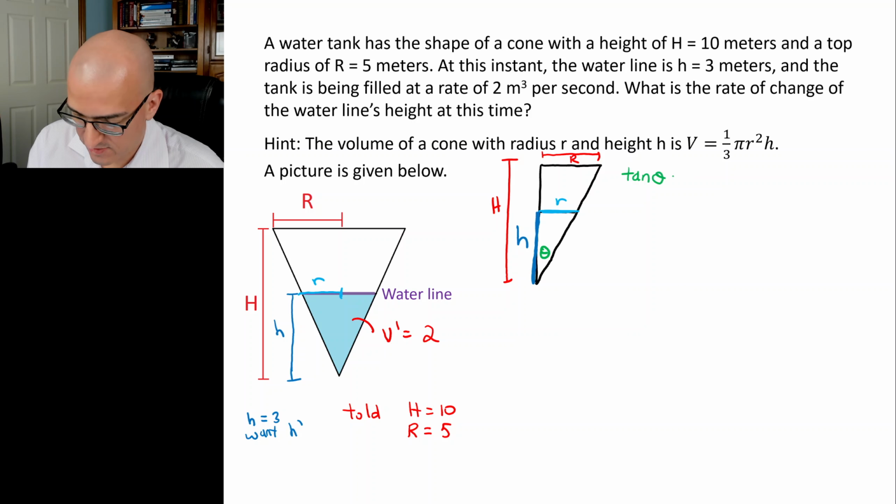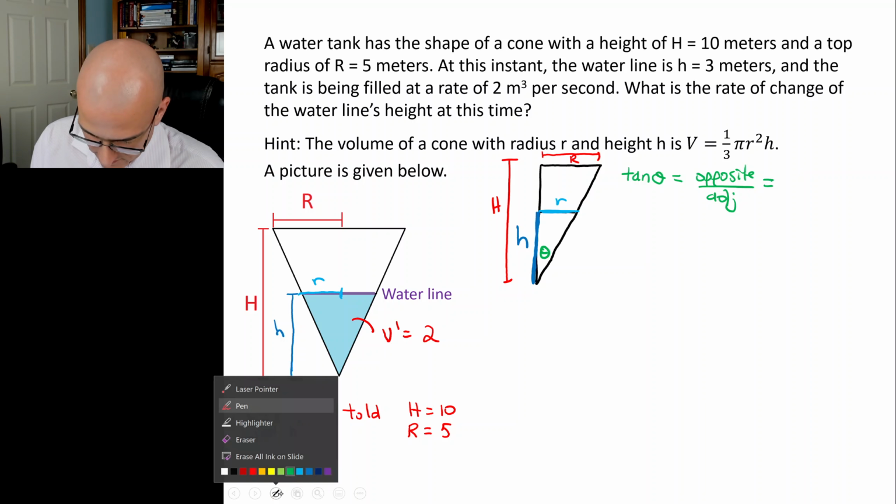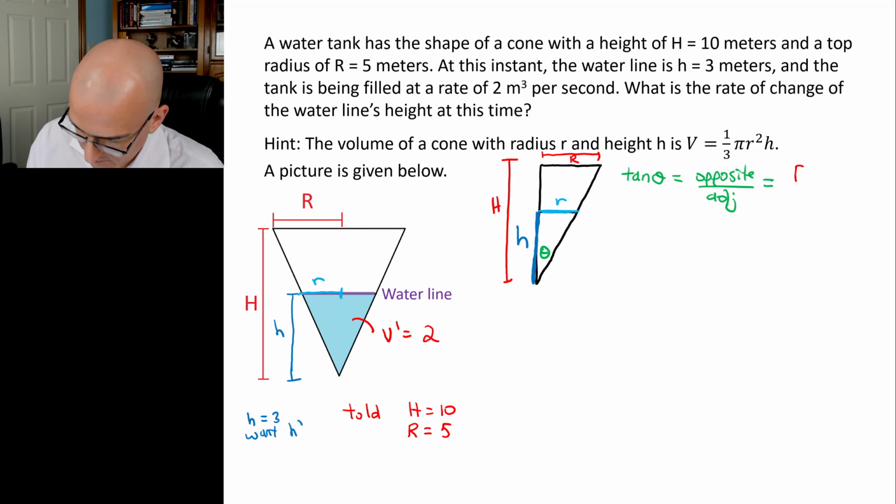Tan theta. Do you remember what tan of theta is in terms of SOHCAHTOA? Tan is the TOA, opposite over adjacent. So the opposite is big R divided by big H. But that's the big triangle.